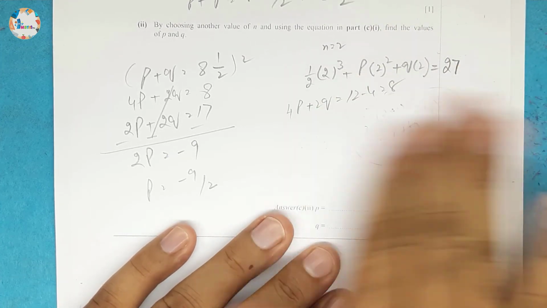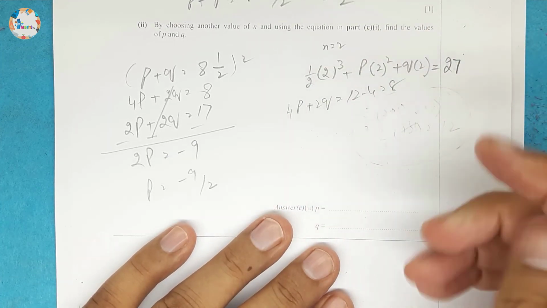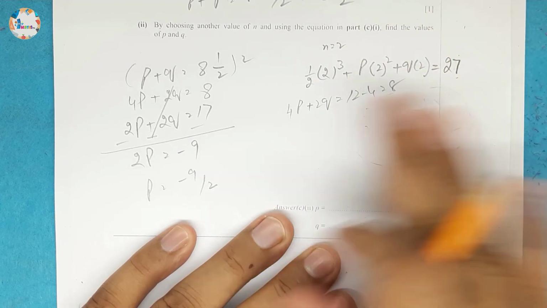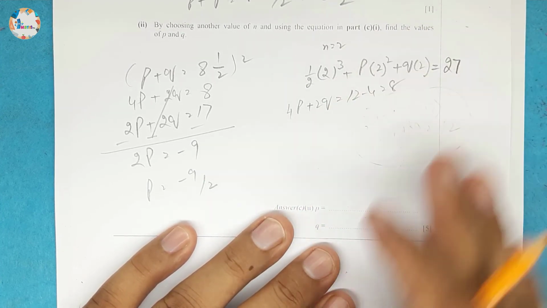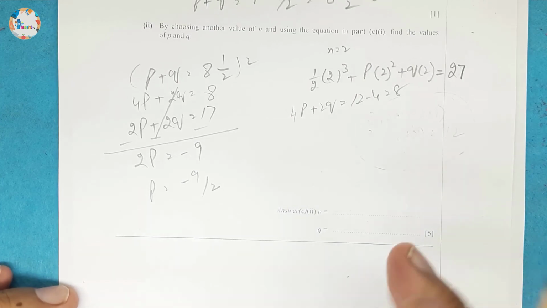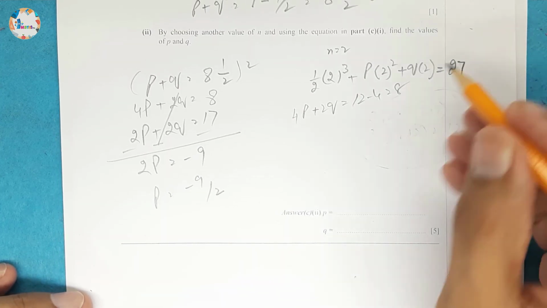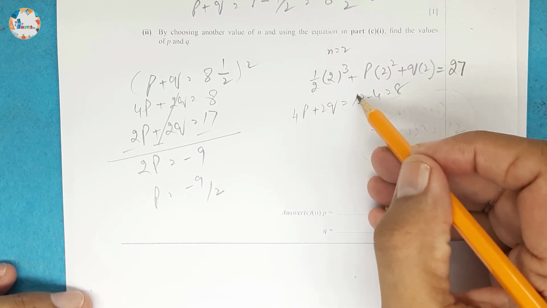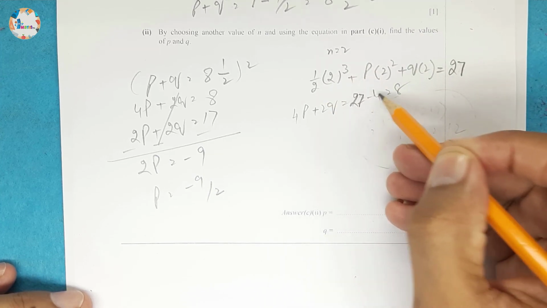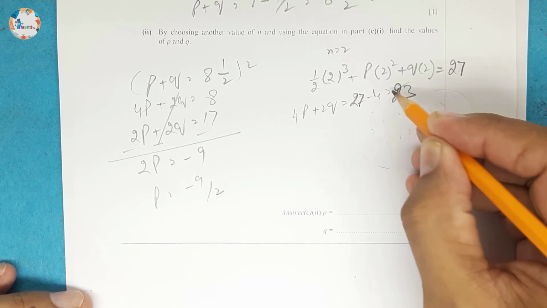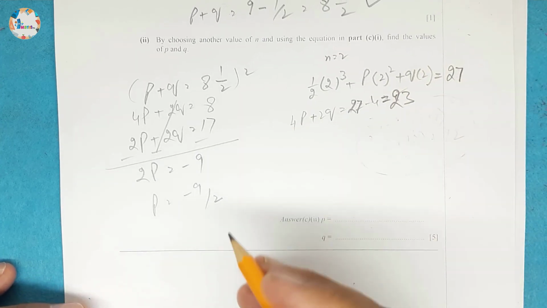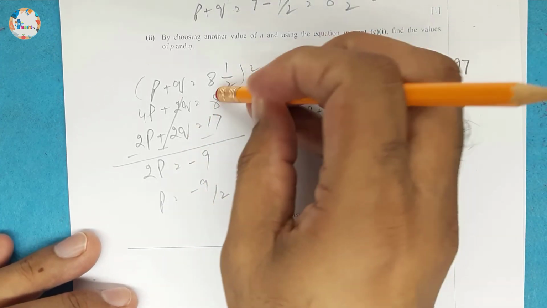So that will be basically 27, and I have shown you how we are taking it as 27, just adding first two diagram lines. So this will be 27, and after simplification this will be 27 minus 4, which will be equal to 23, and this 23 we will be replacing over here.